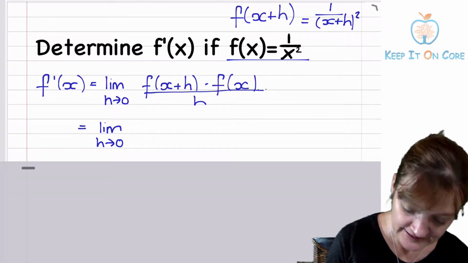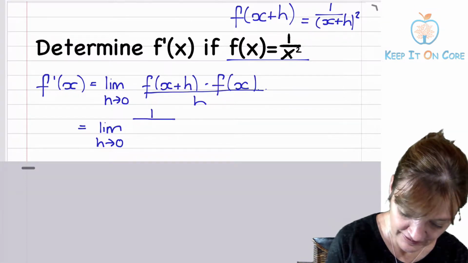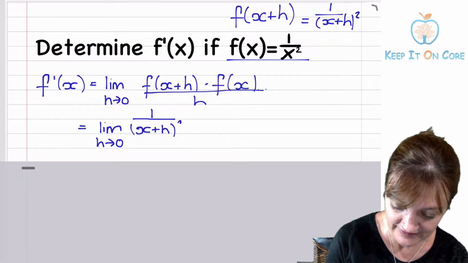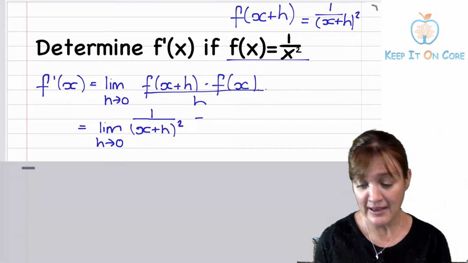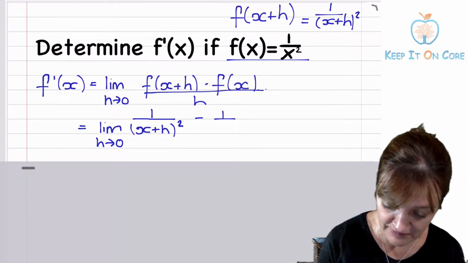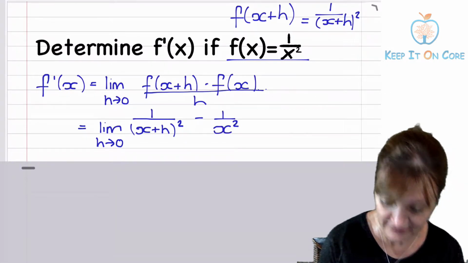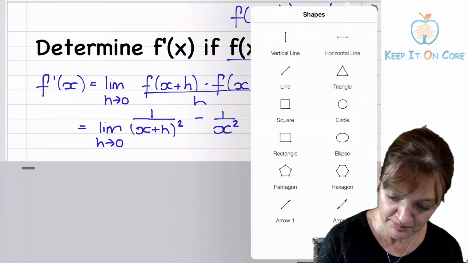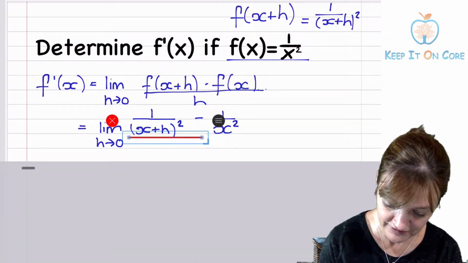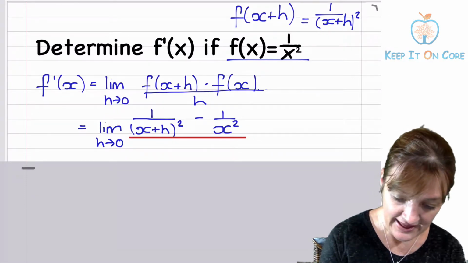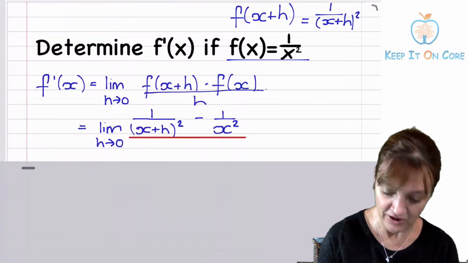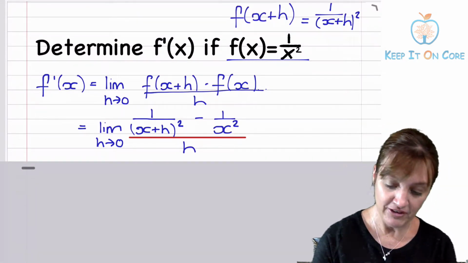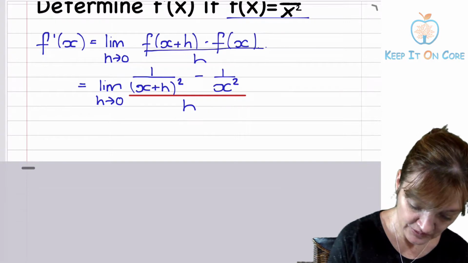So f of x plus h is the value of 1 over x plus h, and that is being squared, minus f of x. Your original f of x function was just 1 over x squared. Now I'm going to change the color here, and I'm going to say over. So here's my over line, and then we're going back to over h. Okay, so I've got my equation set up.